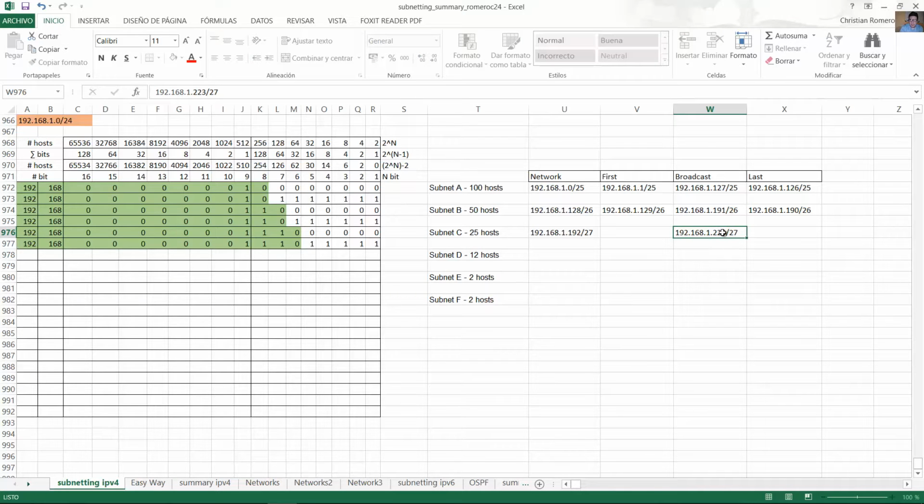The same subnet mask. Okay, first IP 193, same subnet mask, and last 222, same subnet. Okay, next.